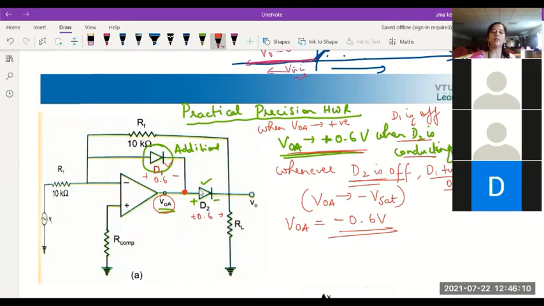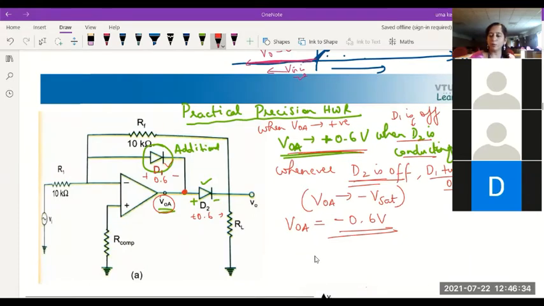But whenever D2 is off and D1 is on, you see that the output of the op-amp will be at minus 0.6 volts. So at any point of time, the output tends to switch between these.